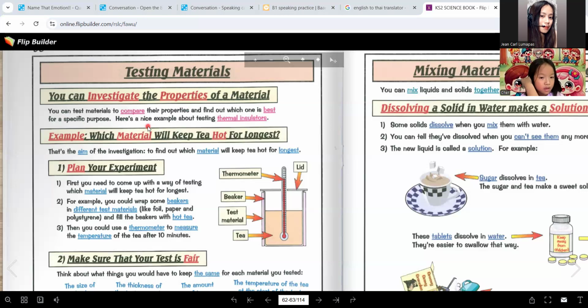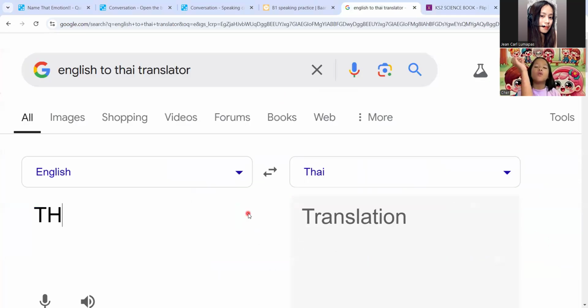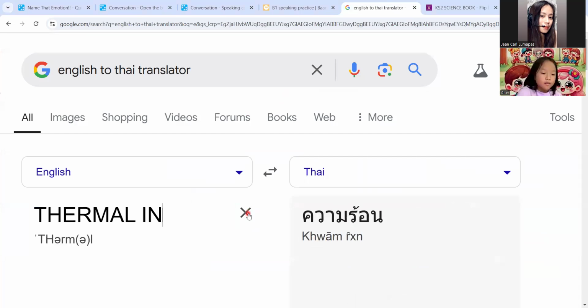Here is a nice example about testing thermal insulators. Very good. Do you know what a thermal insulator is? Thermal, like this.